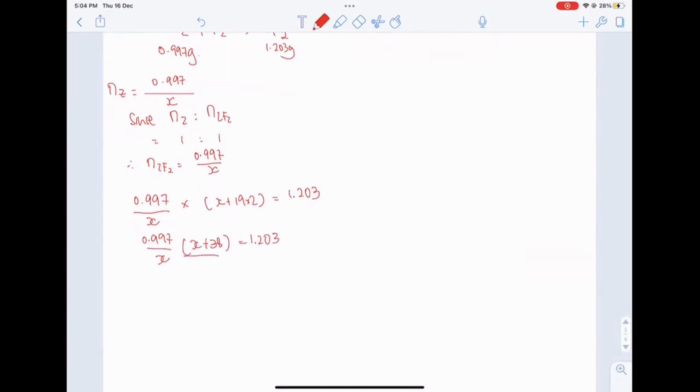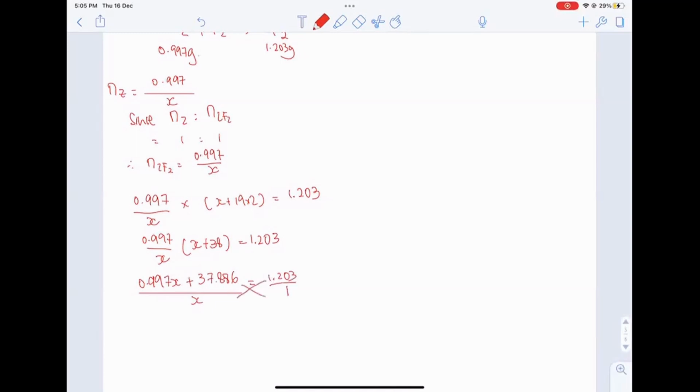For this, it's multiplication. So 0.997X plus 0.997 times 38 equals, 37.886 over X equals 1.203 over 1.